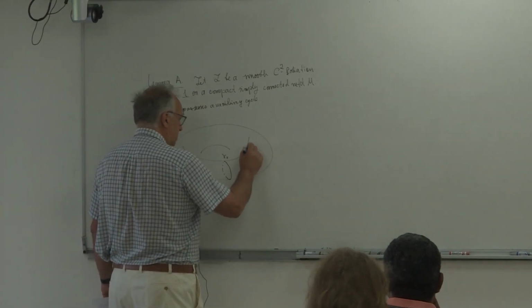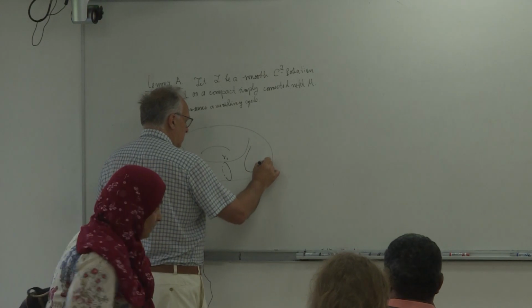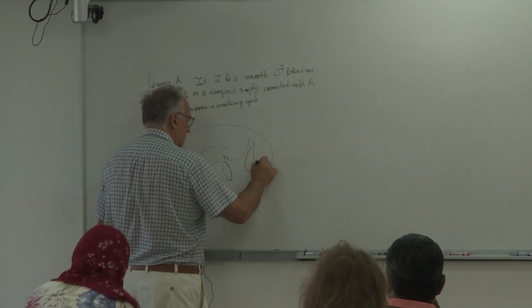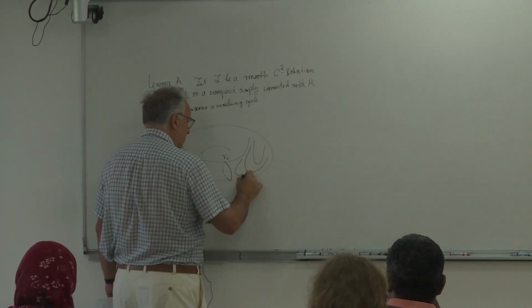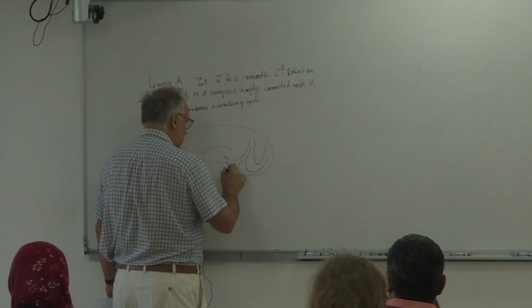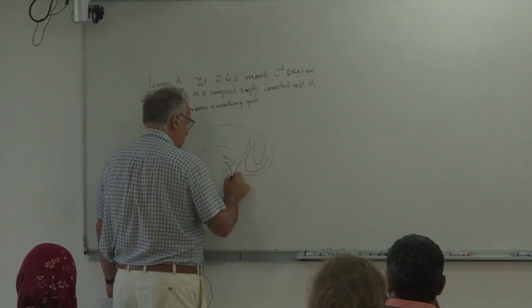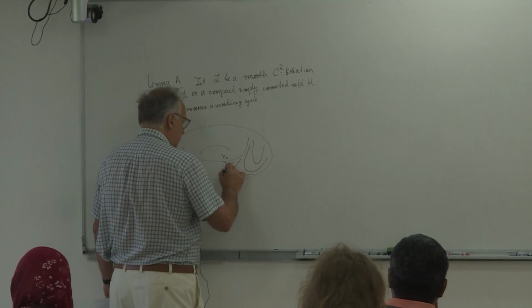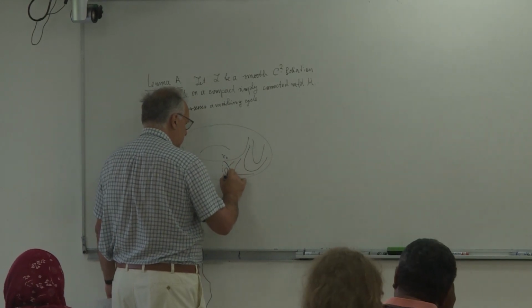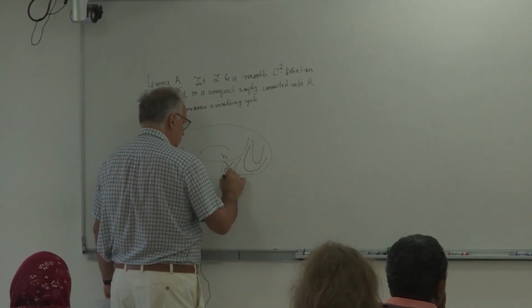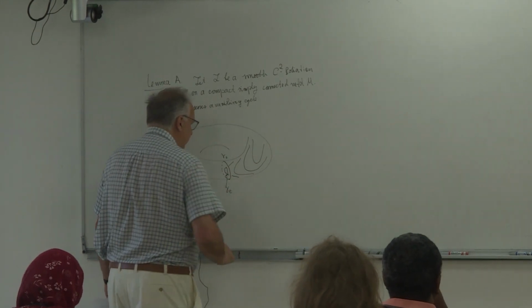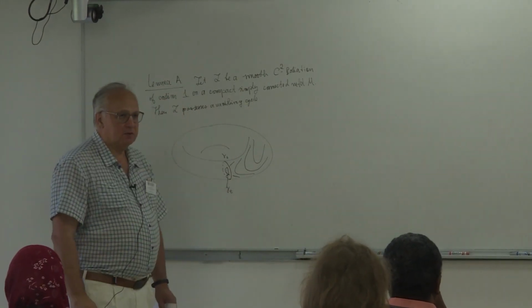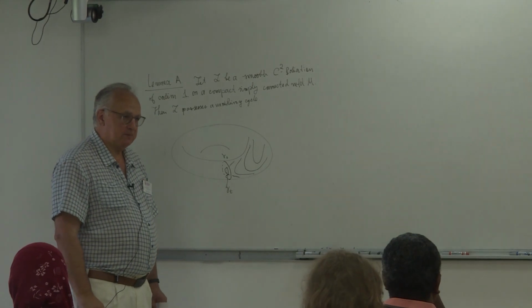The leaves are, okay, and finally it comes here. And so gamma 0 can be approximated by gamma t's, which are homotopic to 0 in their leaves.